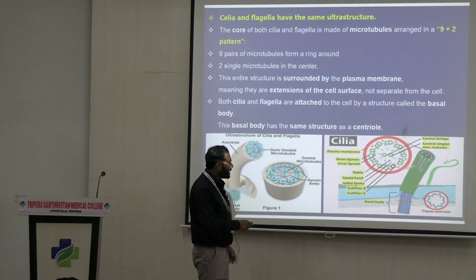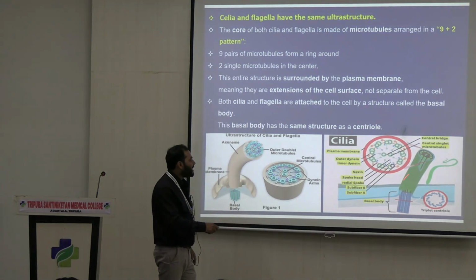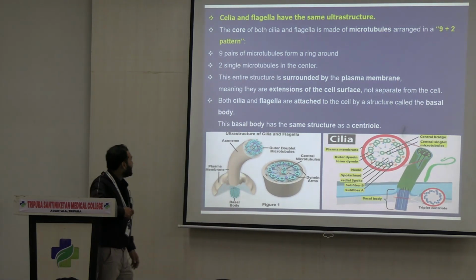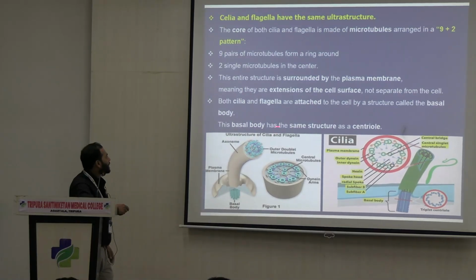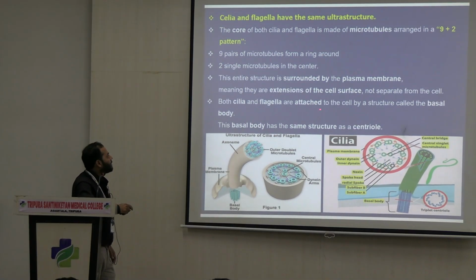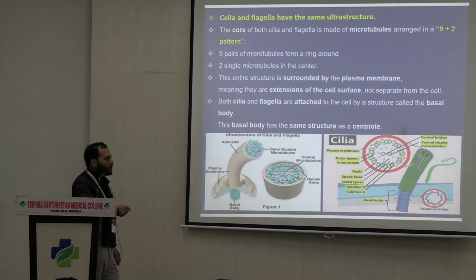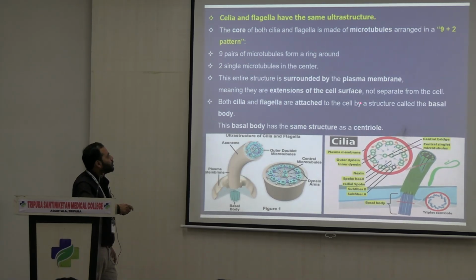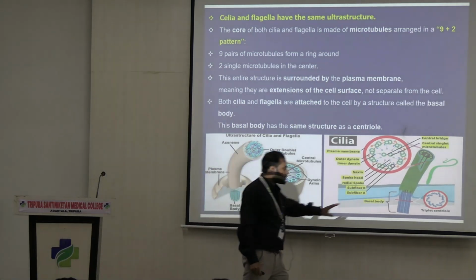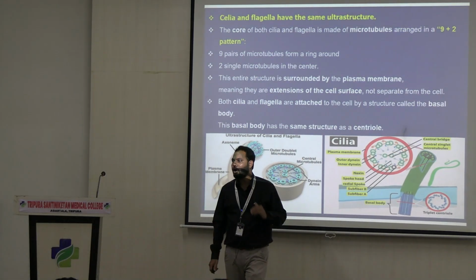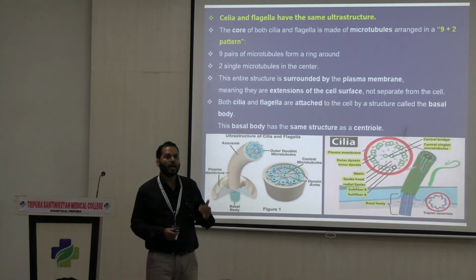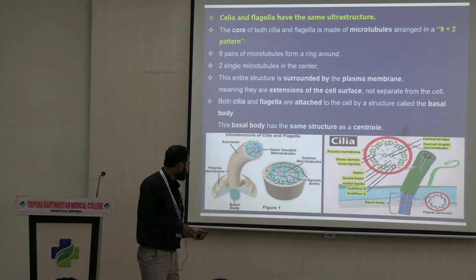Here's another important thing. This is called the basal body, present in the ciliary structures. This basal body has the same structure as the centrioles, and it helps in the attachment of both the cilia and flagella to the cell. So the basal body also has structural importance because it allows the attachment of both the cilia and flagella to the cell.